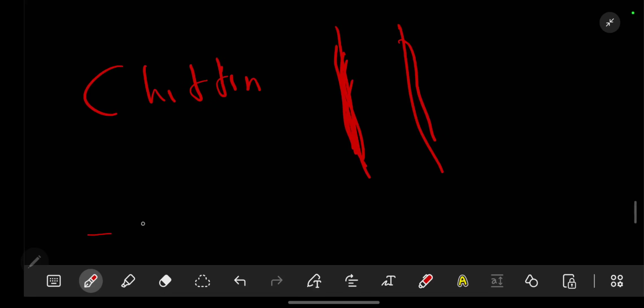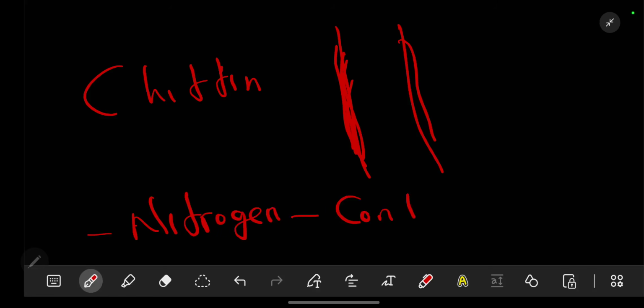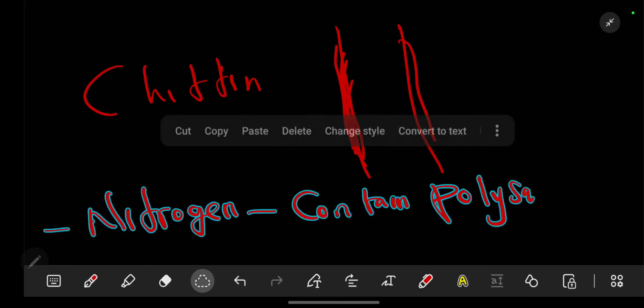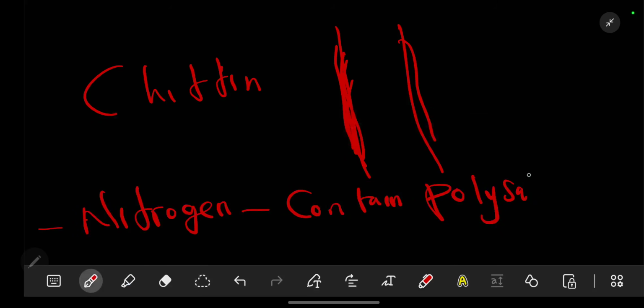This is very important, especially for your multiple choice: chitin is a nitrogen-containing polysaccharide. Polysaccharides are carbohydrates. So chitin contains a nitrogen-containing polysaccharide.